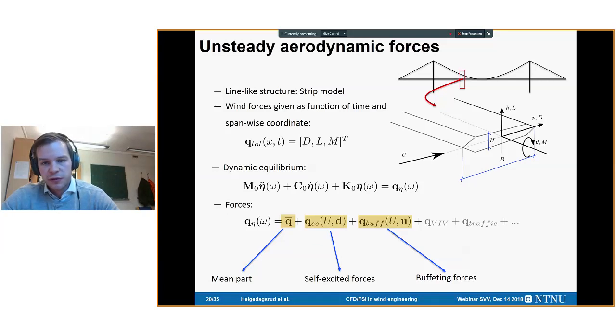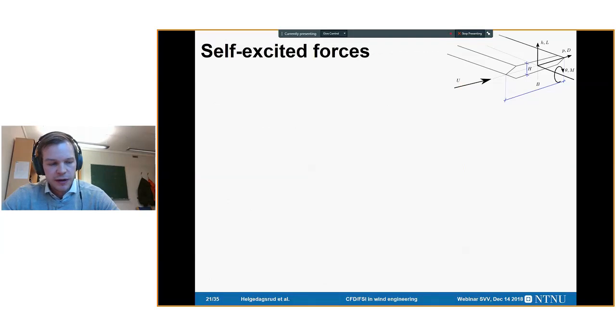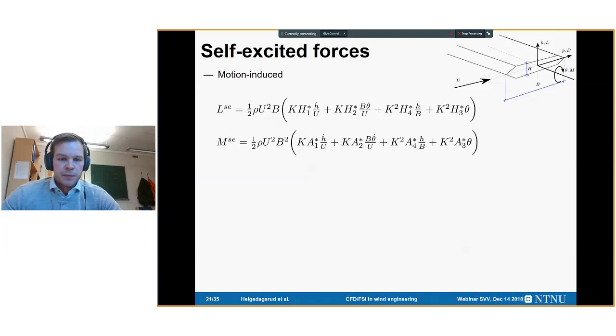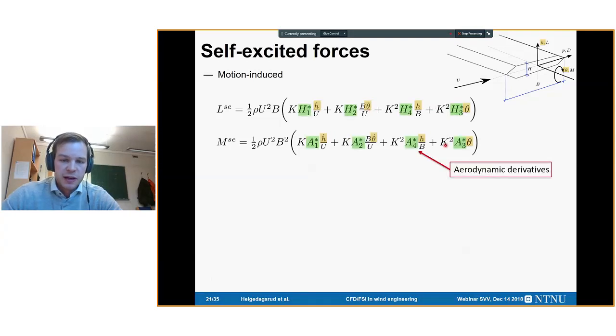So if you start with the self-excited forces, I think this has been covered very well in earlier presentations, so I'll not go too deeply. But the self-excited forces are typically given as portions of the structural positions and velocities, and these aerodynamic derivatives, which are the transfer functions to the forces.